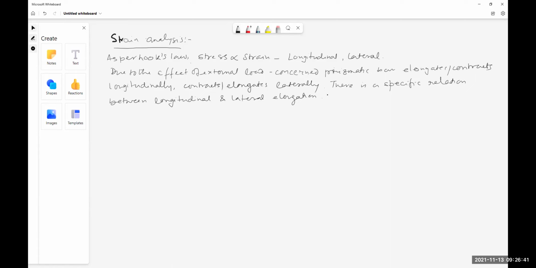That is given by a specific ratio called Poisson's ratio, which is given as nu.